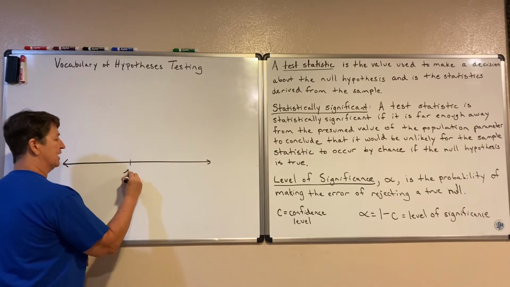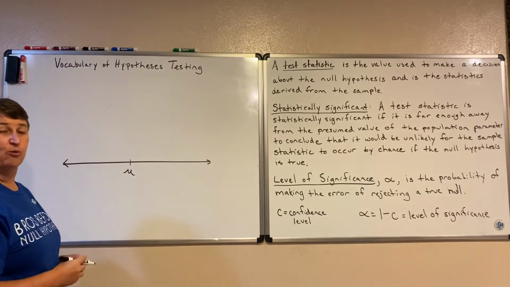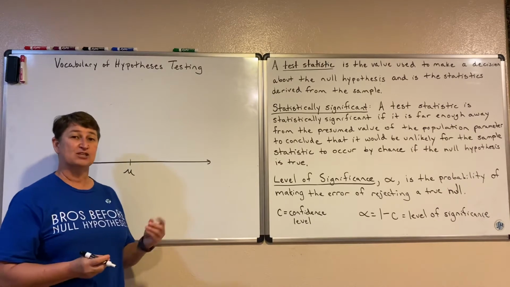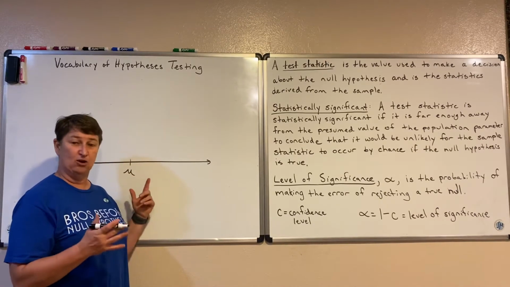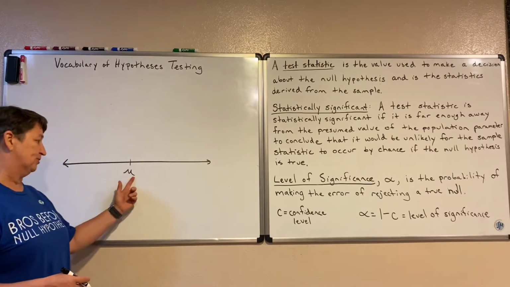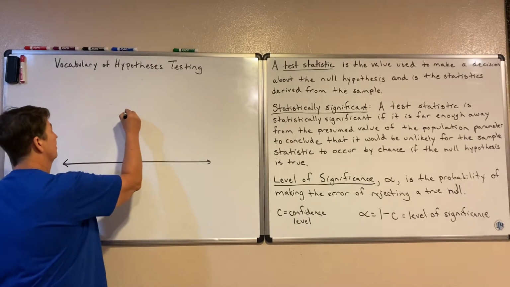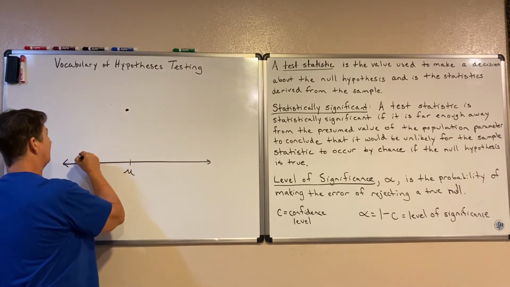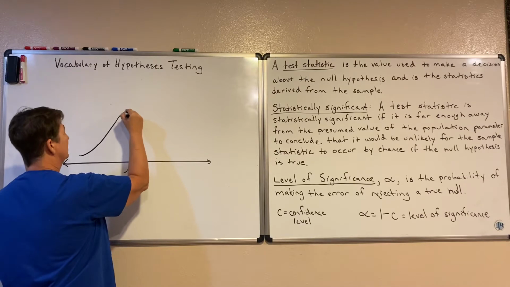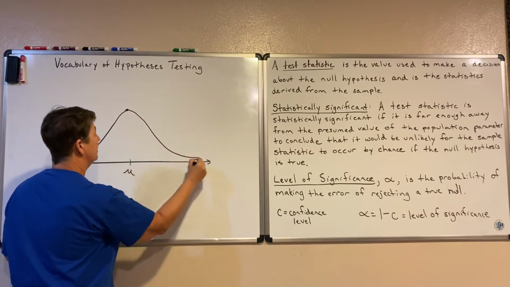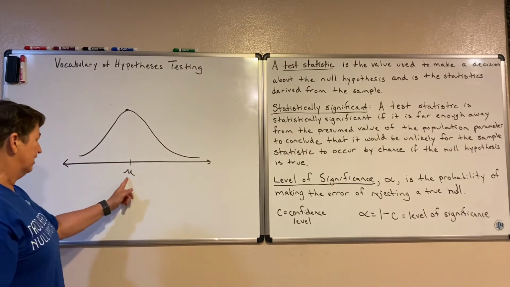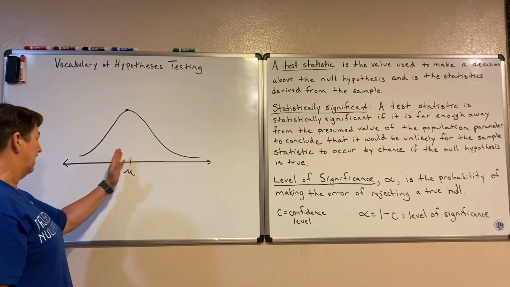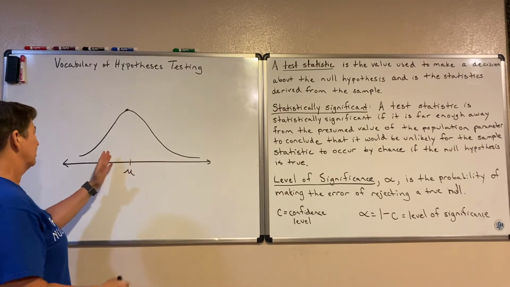So our mean is there in the middle, and we expect our sampling distribution to have the same mean as the population. So we created confidence intervals to say, well, when we collect that sample, the mean may not be right there. It might be a little bit to the left or to the right of that.